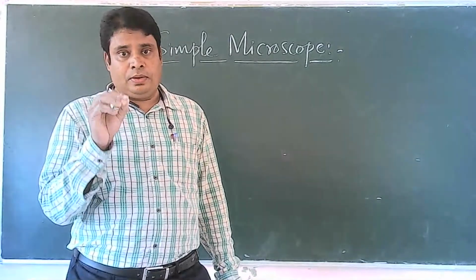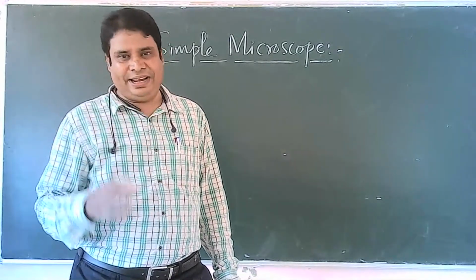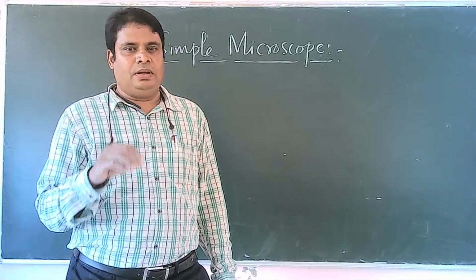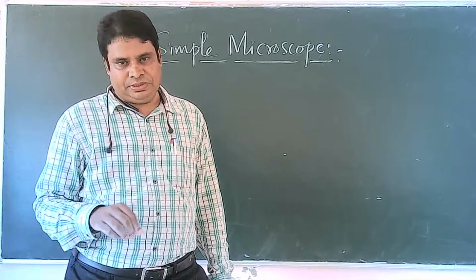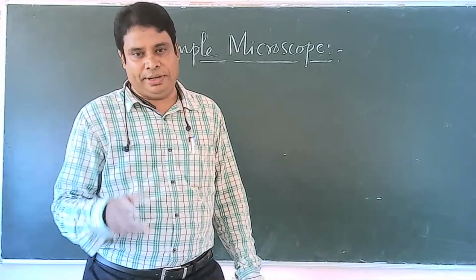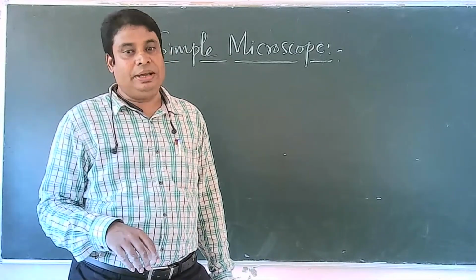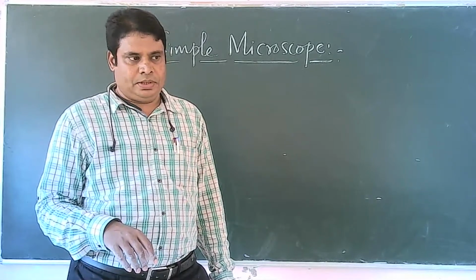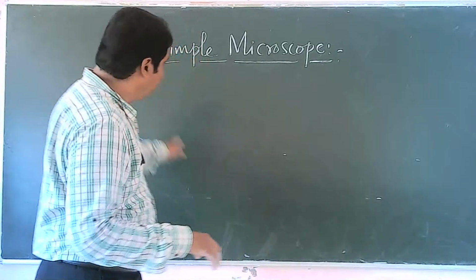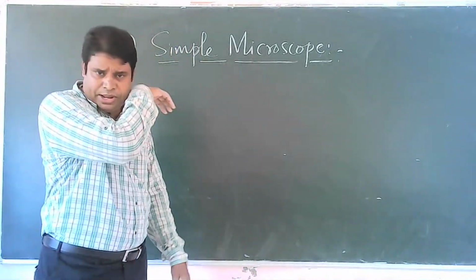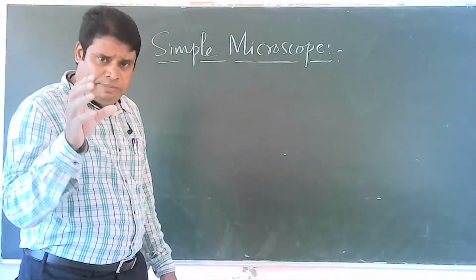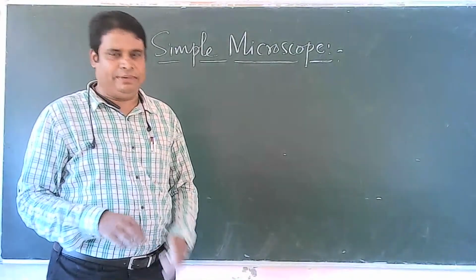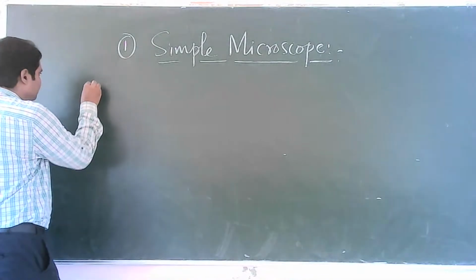Here we have to draw a ray diagram for the distance of distinct vision, or it is called near point. It is called near point. How can we use the microscope? We will have to draw image formation at near point. Let's draw one by one. Okay.